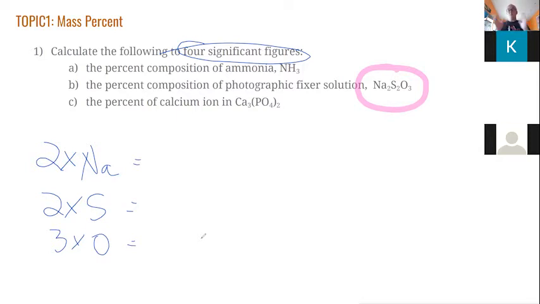We're going to need to use as many significant digits as we can and then round to 4 at the end. So for sodium, what would be the atomic mass of sodium, looking at your periodic table? Hopefully you've got your periodic table in front of you. 22.990.